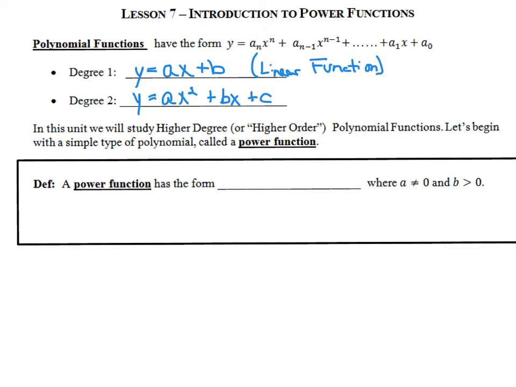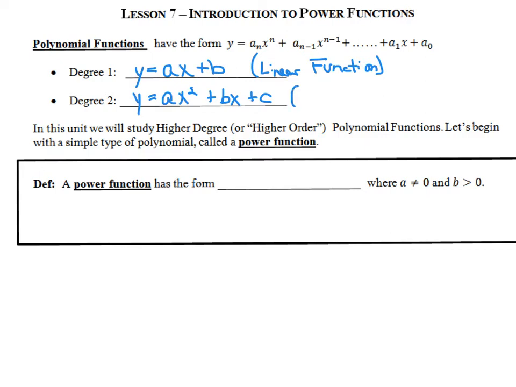Now, the coefficients can either be positive or negative, and in the case of a, it cannot equal 0, so we know that we have a leading term of x squared. In the case of b or c, it is possible for them to be 0, in which case I would only have one term in my polynomial function.